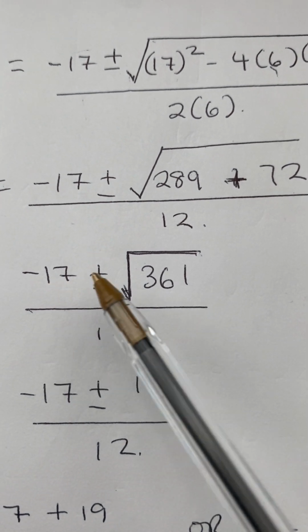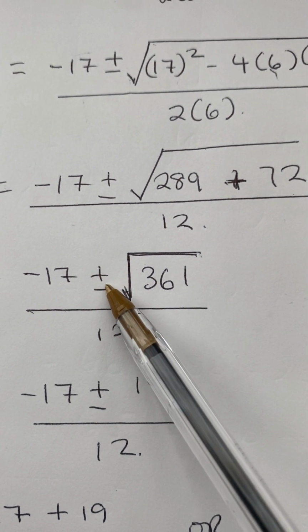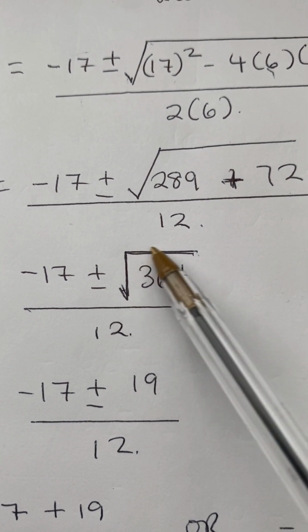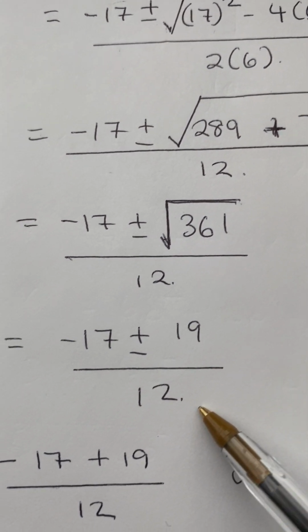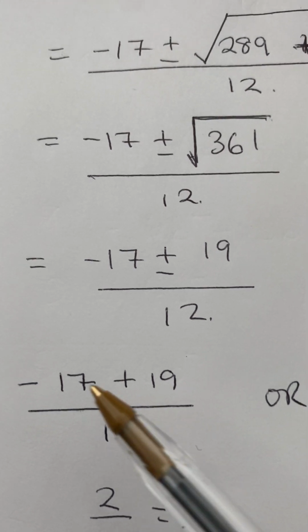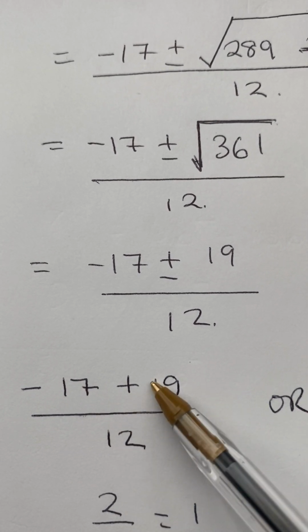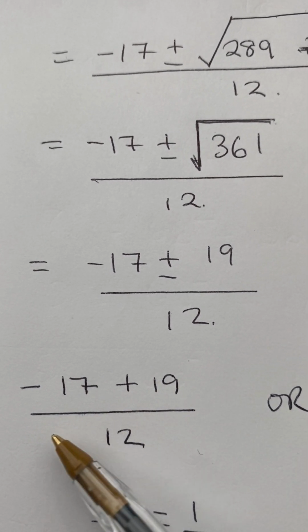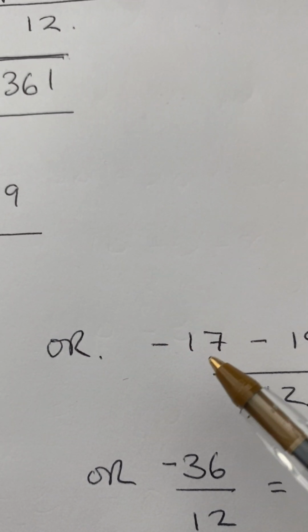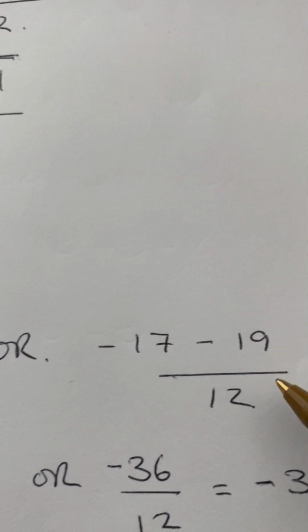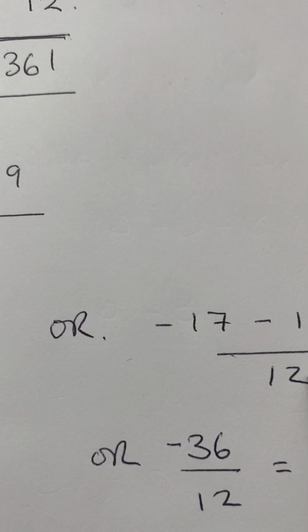So you have -17 plus or minus the root of 361, which is 19, all over 12. So you have -17 plus 19 divided by 12, or -17 minus 19 divided by 12.